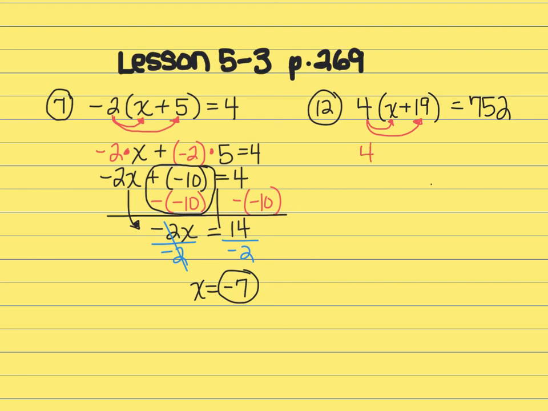So 4 is going to get multiplied by X, and 4 is going to get multiplied by 19. So again, this represents 4X, or 4 tickets, plus 4 times 19, which is going to represent the total cost of the extra insurance that was purchased for all of those tickets. Let me write that a little bit better.